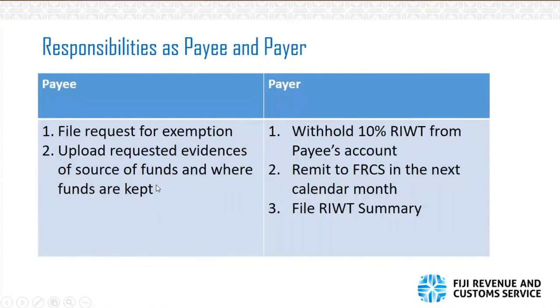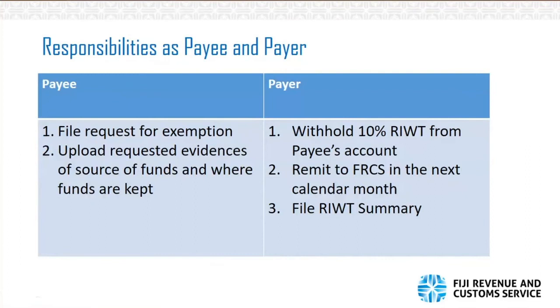Just again, a brief reminder on the responsibilities of the payee and payer. If the payee wishes to apply for exemption, they can simply log in to their online service and file a request for exemption.